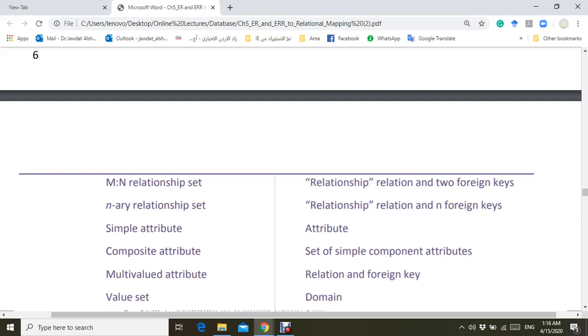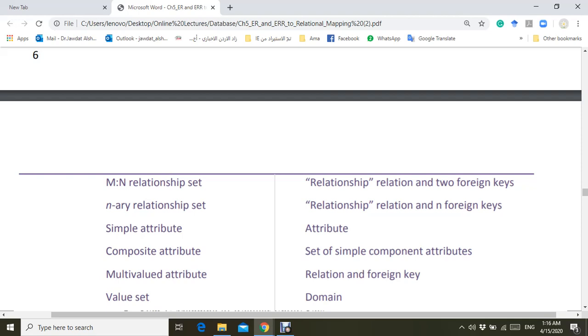A simple attribute will be an attribute in the relation that represents an entity in the ER diagram. For a composite attribute, we don't put the composite itself; we put the set of simple component attributes. So if the composite attribute is the address, we put the city, street, and apartment number attributes in the relation.